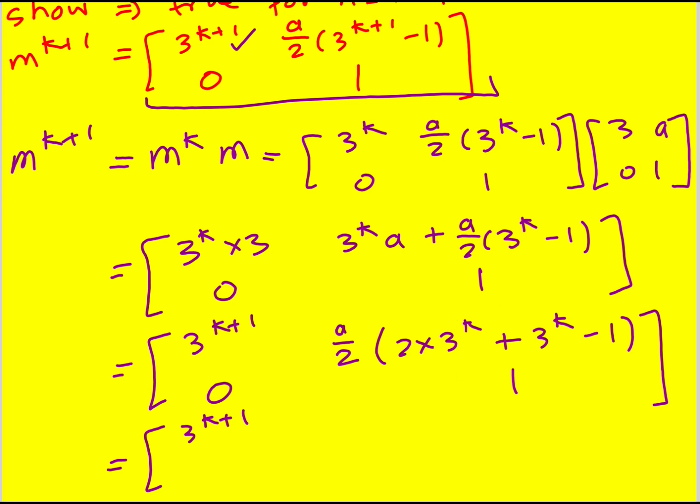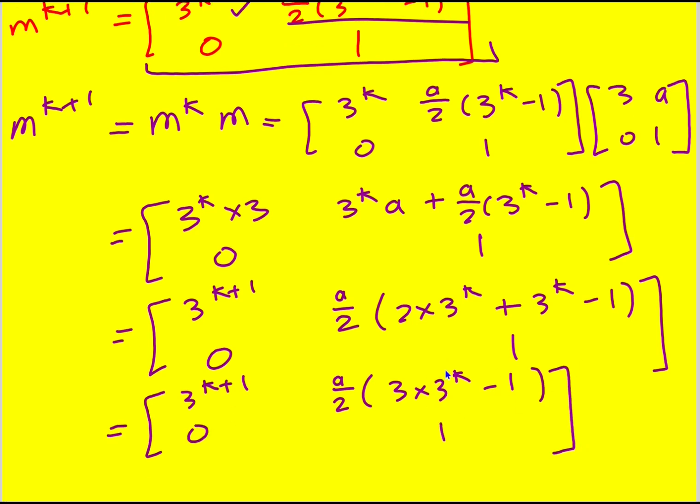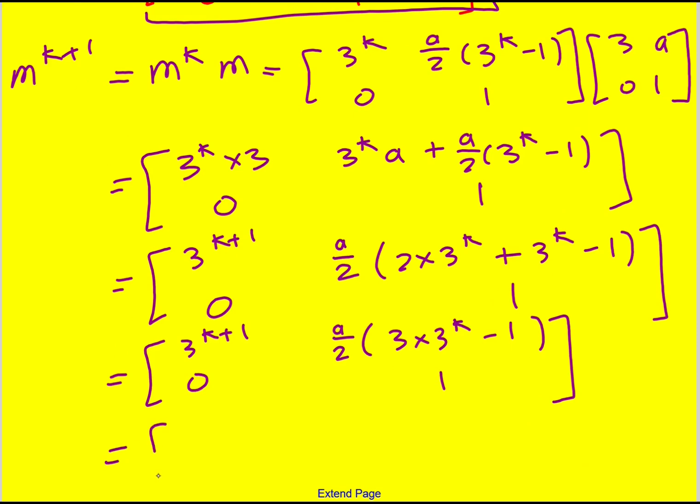This is actually going to get us exactly that. We're going to get a over 2, then it's going to be 3 times 3 to the k minus 1, and a 0 and a 1 here. And we're there: 3 to the k plus 1, a over 2 times 3 to the k plus 1 minus 1, 0, 1.